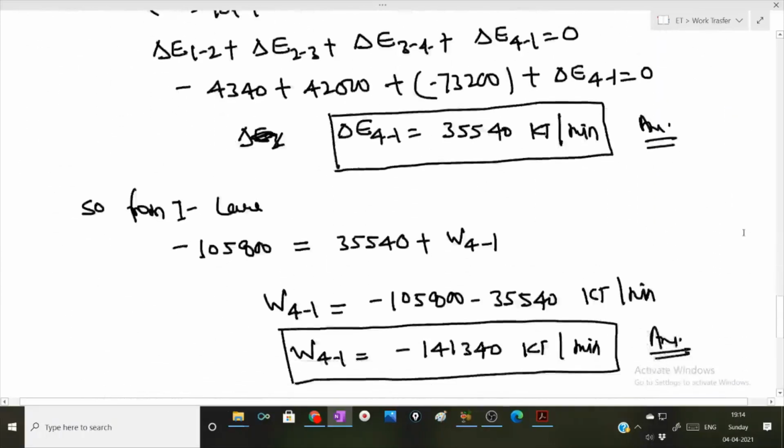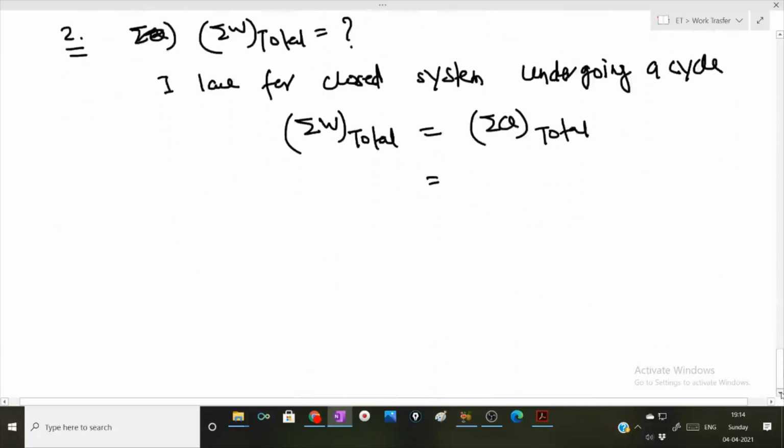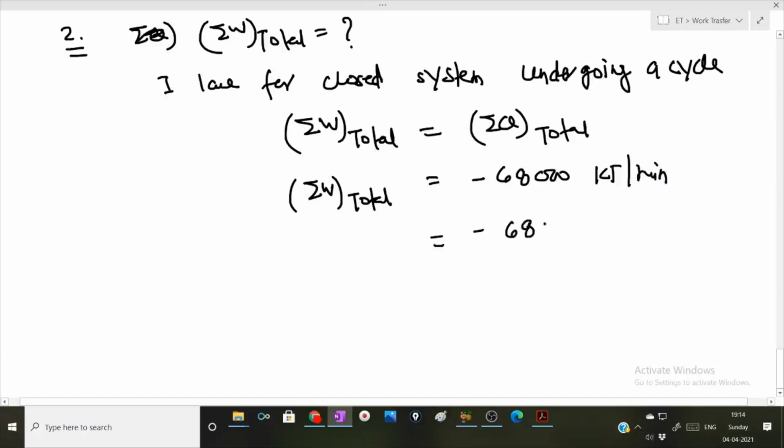So from this, the value of total work done or total work transfer will be minus 68,000 kilojoule per minute. The problem requires us to calculate this value in kilowatt.